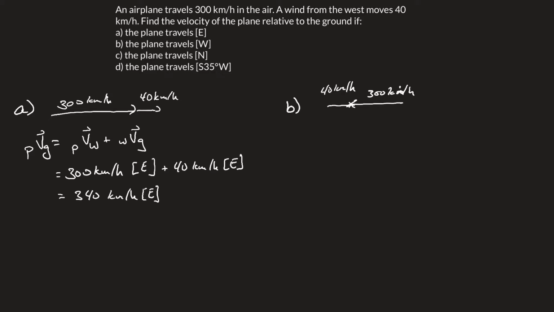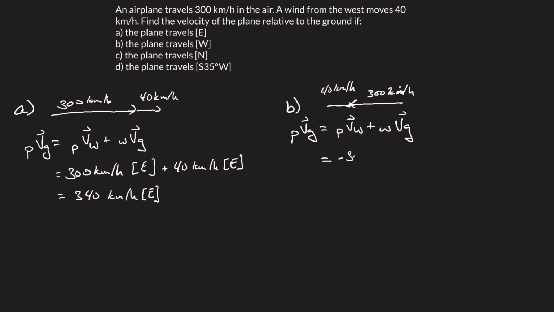So that leaves us with an equation that says the plane's velocity relative to the ground is the plane's velocity relative to the wind, plus the wind's velocity relative to the ground. So in this case, my plane is moving east to west, so I'm going to denote that as negative, right?